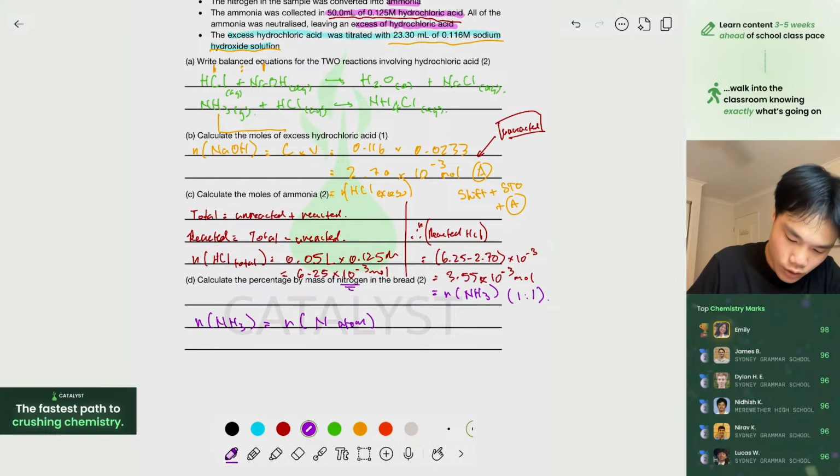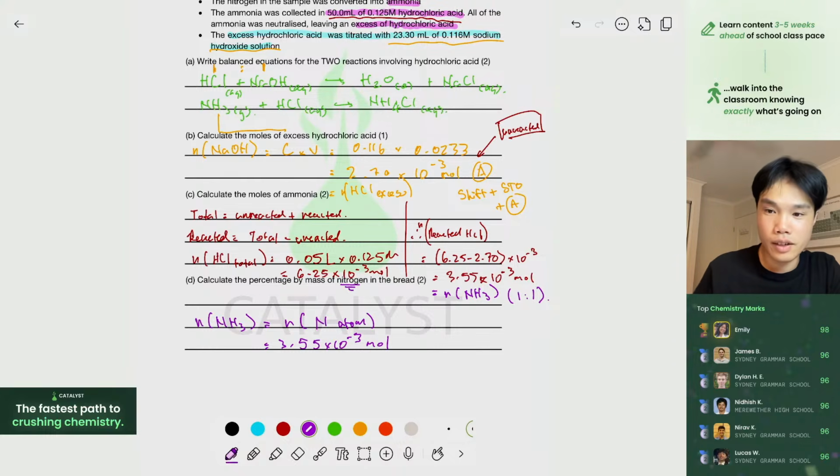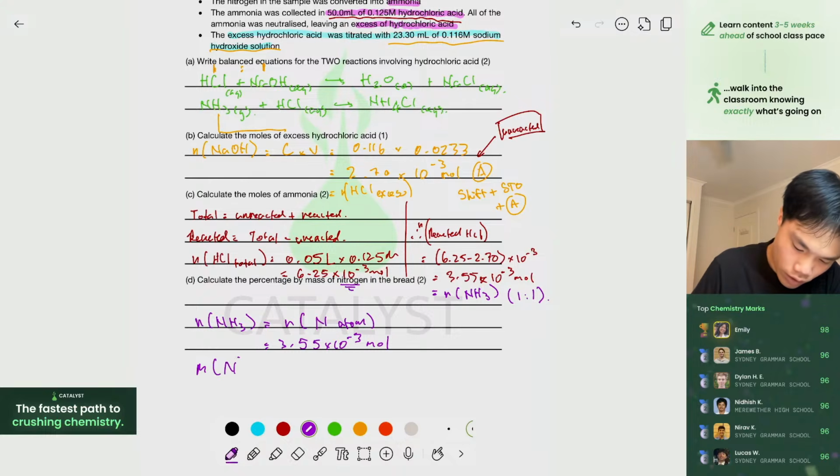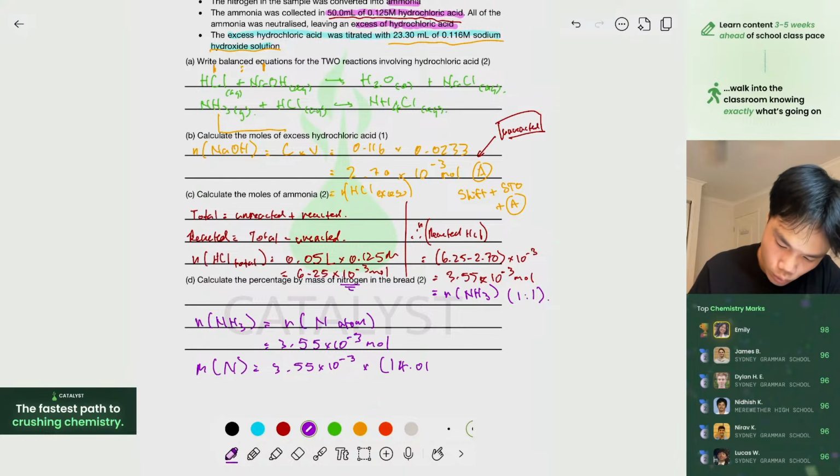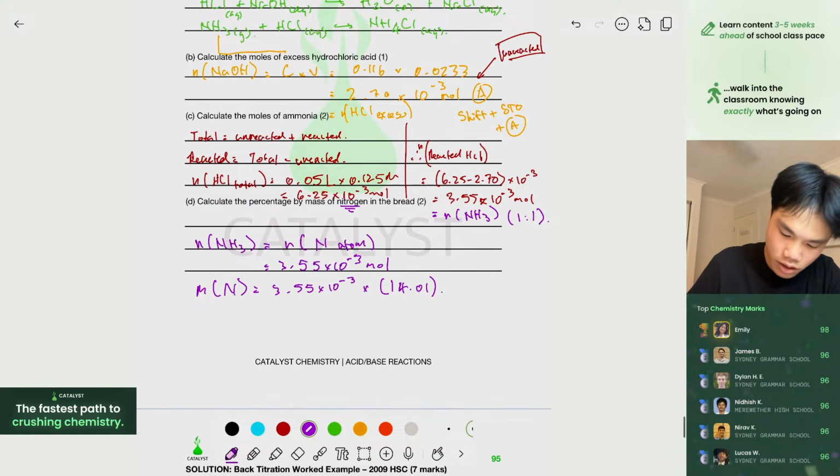Therefore that is equal to 3.55 times 10 to the negative 3 moles. And the last thing to do is to find the mass of nitrogen, which you can find by 3.55 times 10 to the negative 3 times 14.01, nitrogen's molar mass.